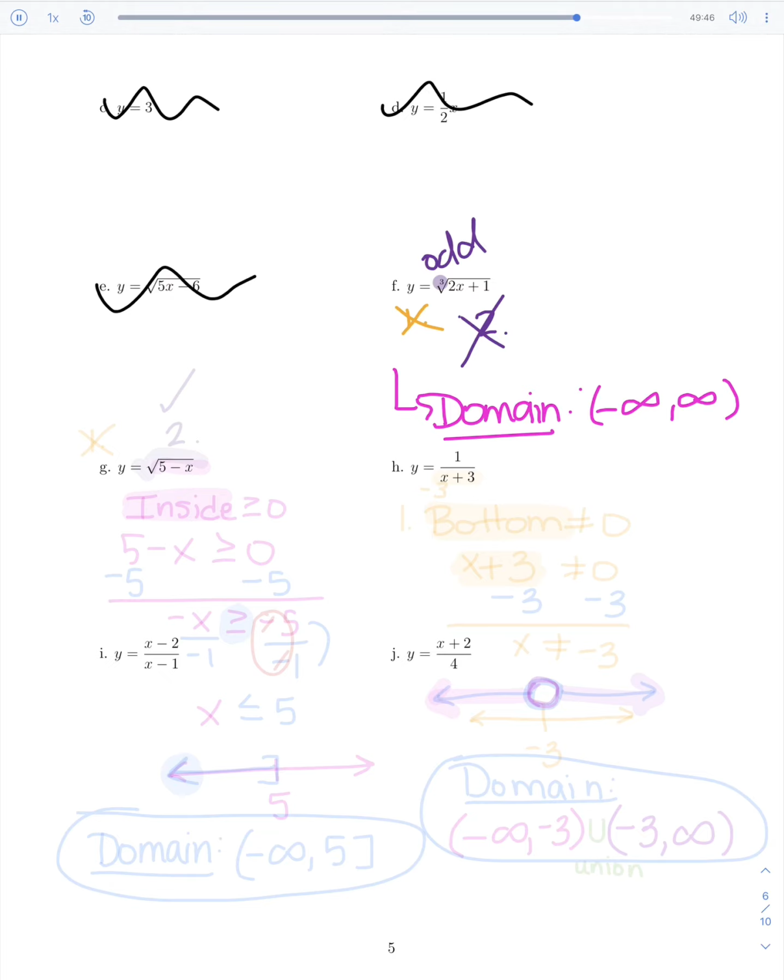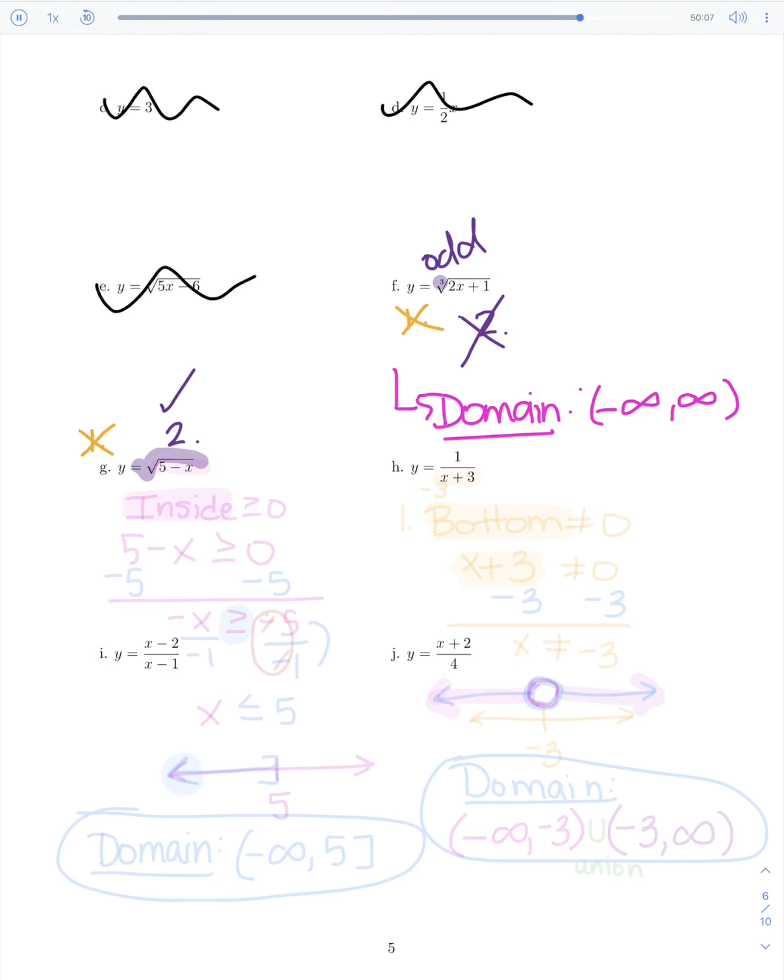Let's take a look at this next one. On this next one, G, we do not have a fraction. We do have a root, and yes, it is a square root, so it is an even root.